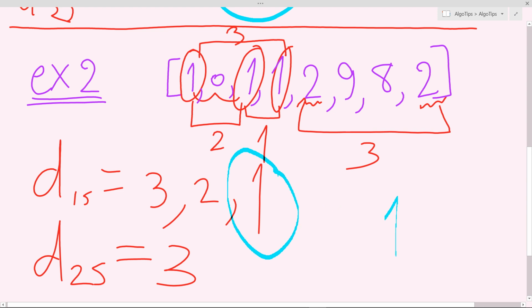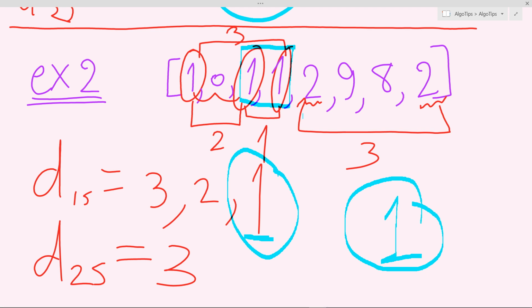So we return 1. And that distance of 1 particularly is the distance between these two pairs of ones in the array. So the problem is to find that distance and return the distance itself, not the pairs, rather the distance, the number.